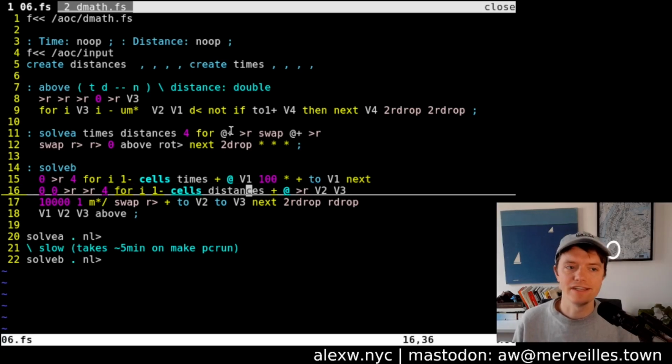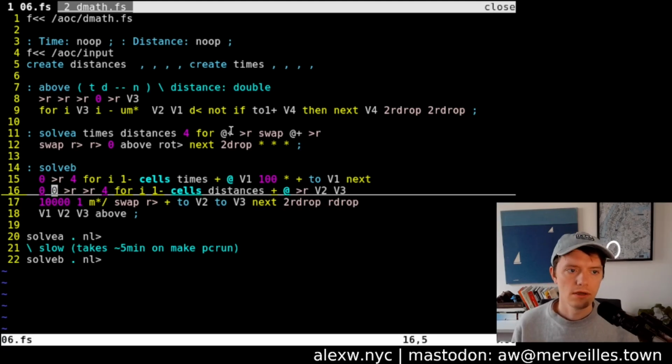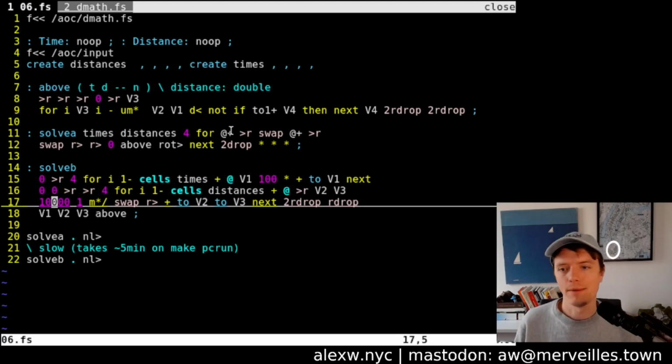Again, the distance is a double. It's a 64-bit number, and so we just have to store it in two values, which are the lower and the upper cell, respectively. We also multiply by a larger number. We multiply by 10,000 as opposed to 100.